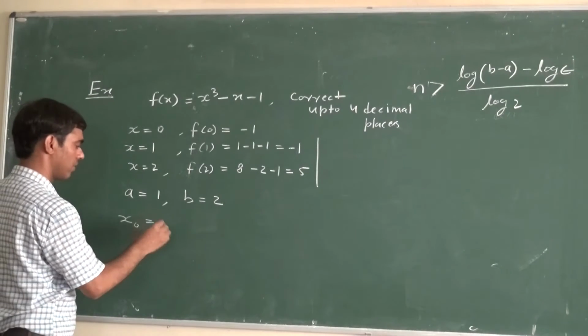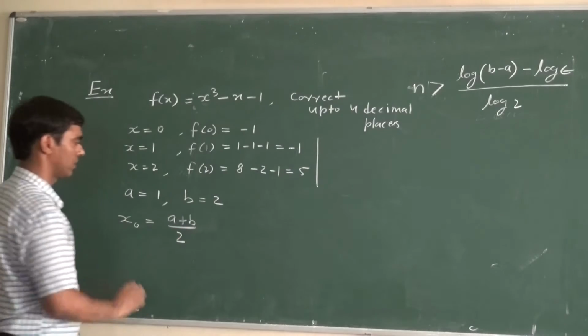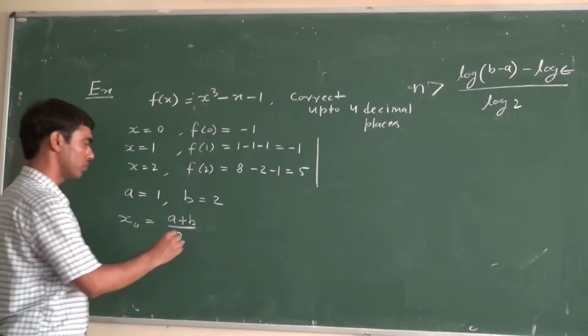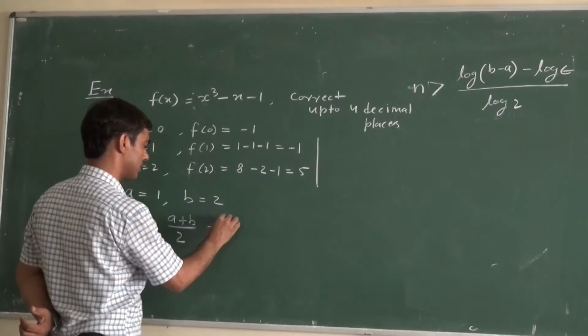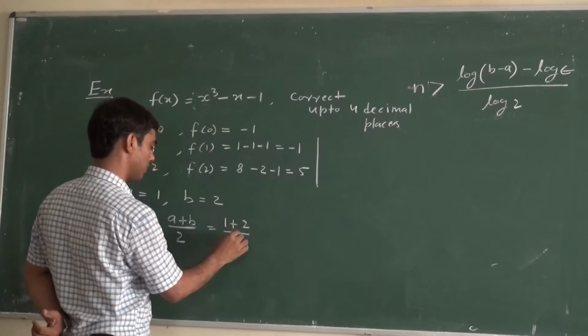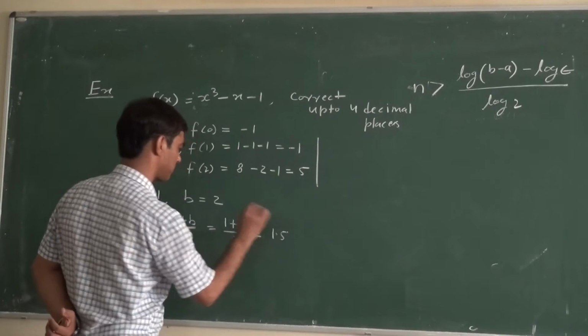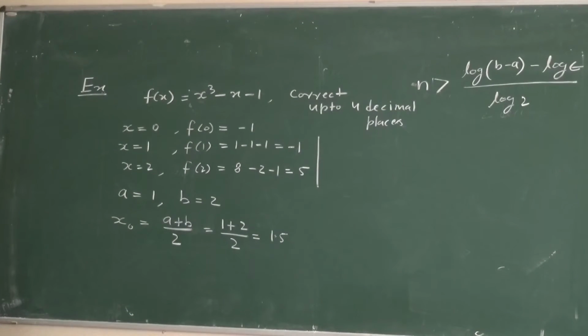So according to the bisection algorithm, what is the value of x0? x0 equals a plus b by 2. The value for this one is very simple. If we find this, 1 plus 2 by 2, this one is 1.5.